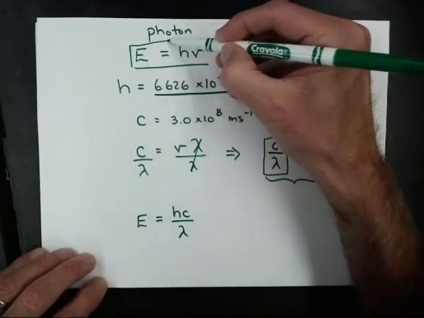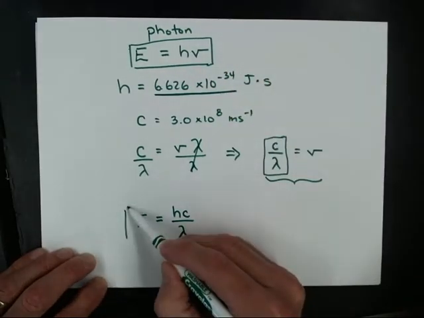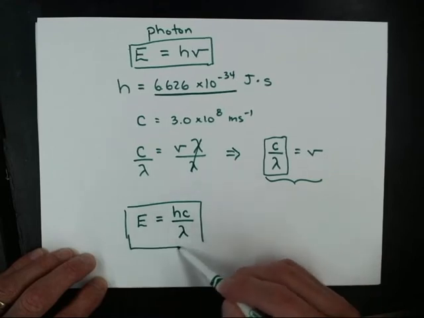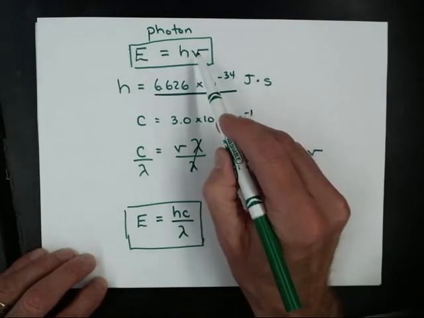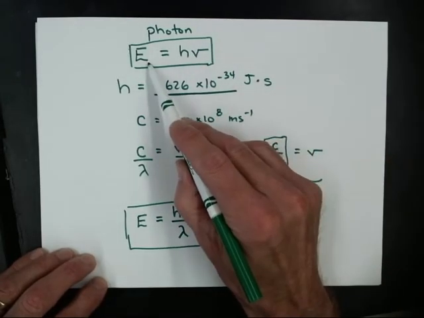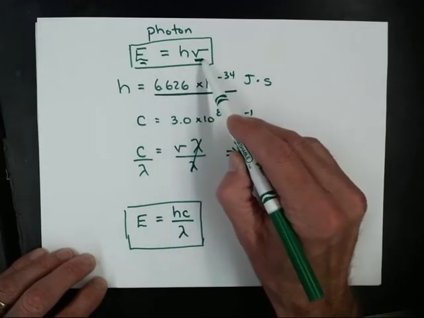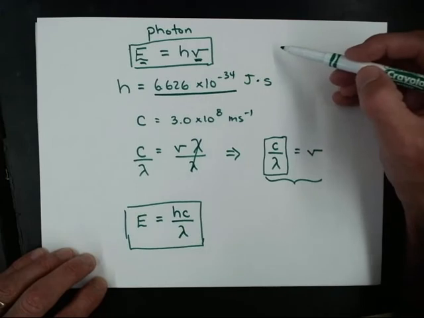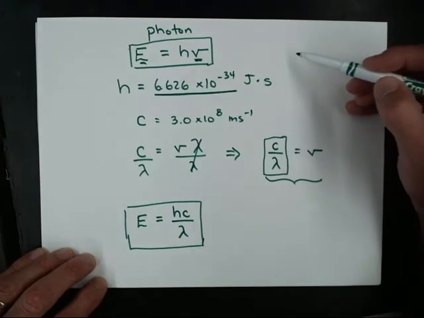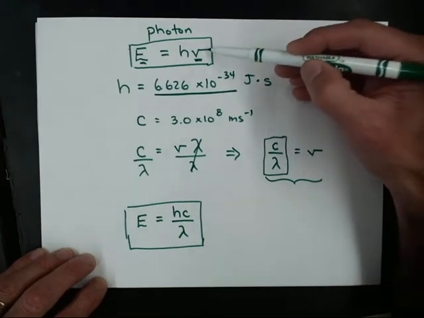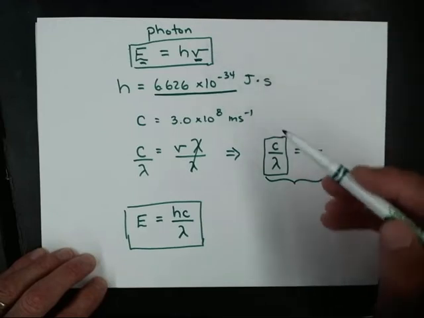And these two equations here and here allow us to see that the energy of a photon is directly related to the frequency. So light particles that have a higher frequency, or that are oscillating back and forth more quickly, are going to have higher energies.